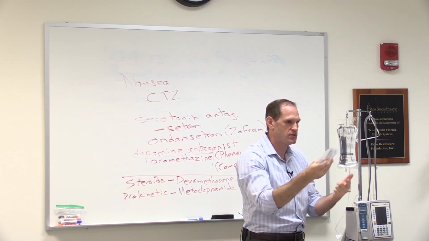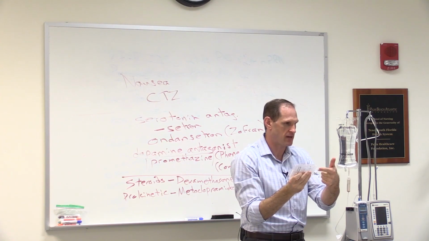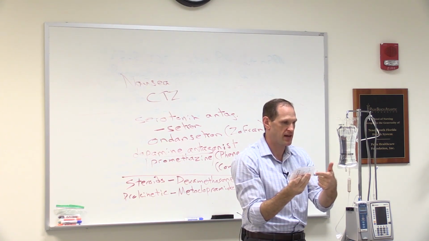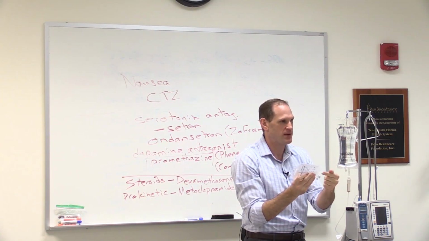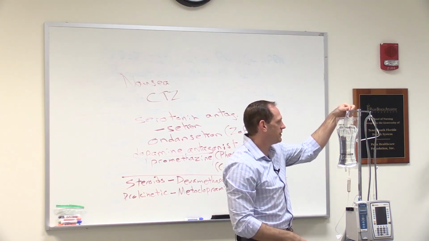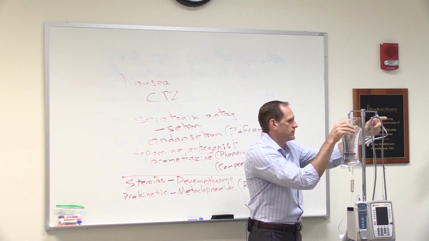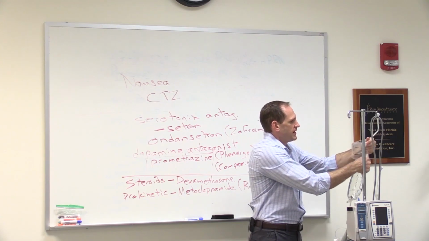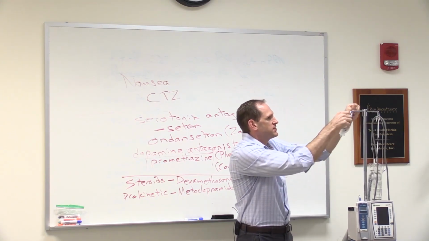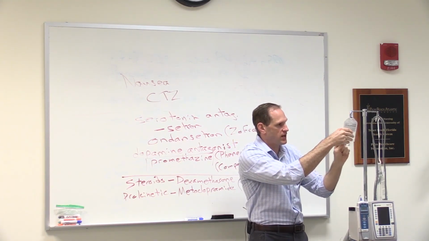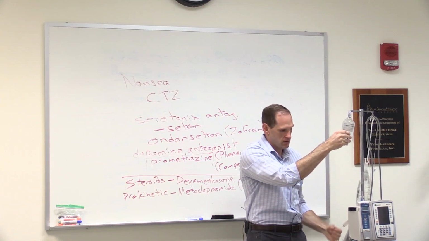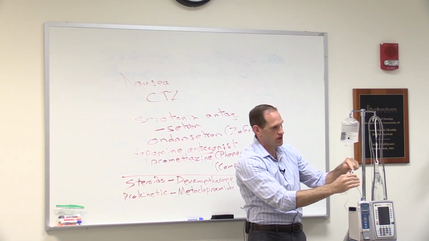So what you can do is you inject the medication into this side right here, and then you put the tubing in this and you hang it like this. So you move this guy down and you hang this up here and then you connect this line to your main port.